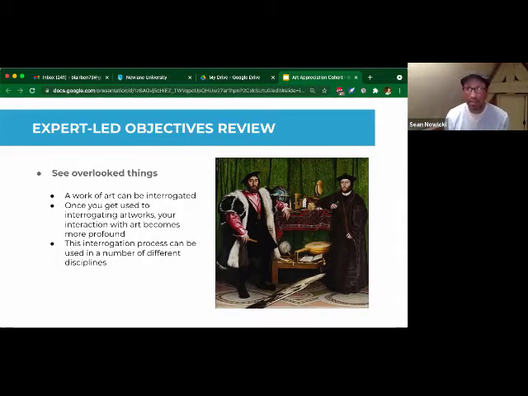Had I not said that thing about the skull or the crucifix in the background, you might have just gone on to the next painting. But that's one of the great things about art, it makes you slow down and really study something. And that process of slowing down and studying can be transferred over to other parts of your life. Okay, let's go to the next thing.